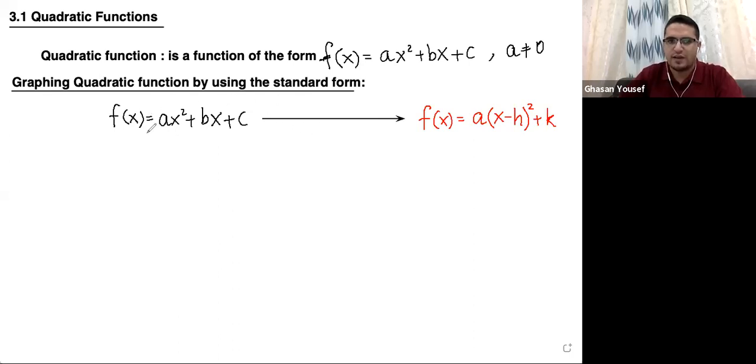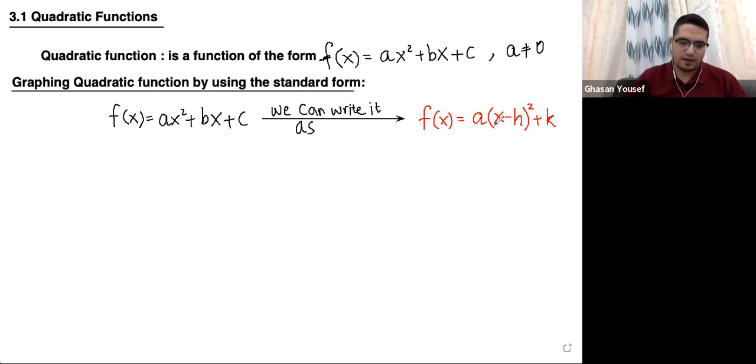I'm going to teach you how we can write this form as this form. So here we can write it as f of x equal a times x minus h squared plus k.